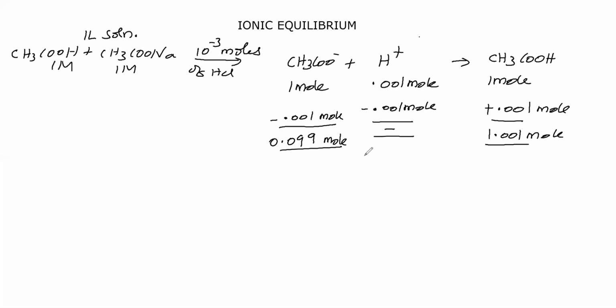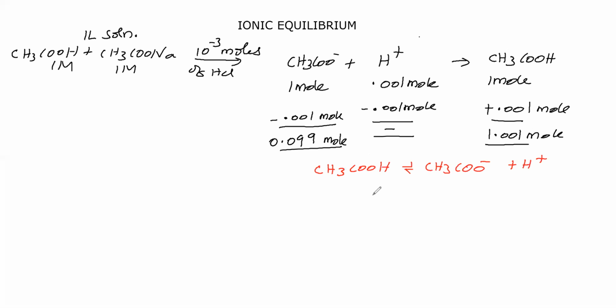Now we will see the pH of the buffer solution. Why see the pH? This acetic acid will go for equilibrium, yes or no? Yes, it is going. So this acetic acid will be in equilibrium, and that equilibrium is so and so.